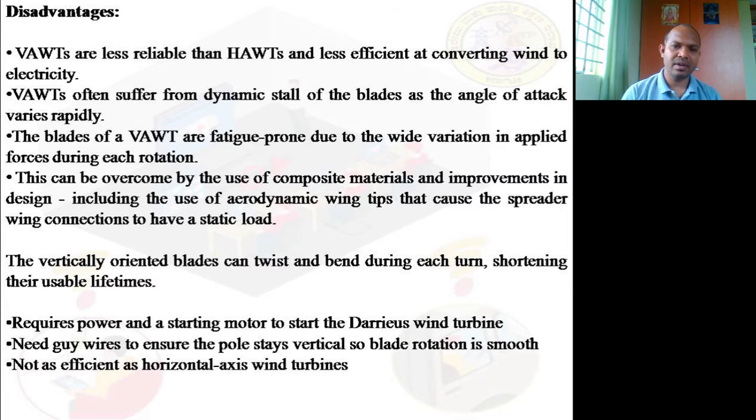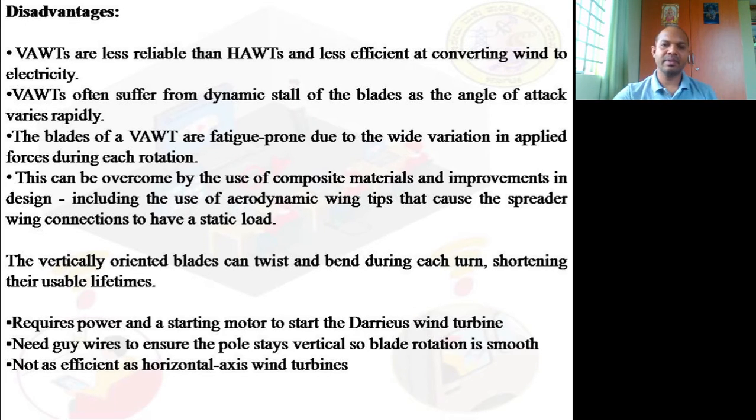It requires power and a starting motor to start the Darrieus wind turbine. So starting motors are required to start it. I also need guide wires to ensure the pole stays vertical so blade rotation is smooth.